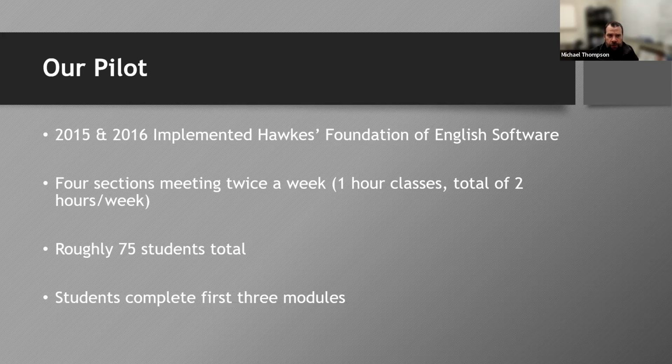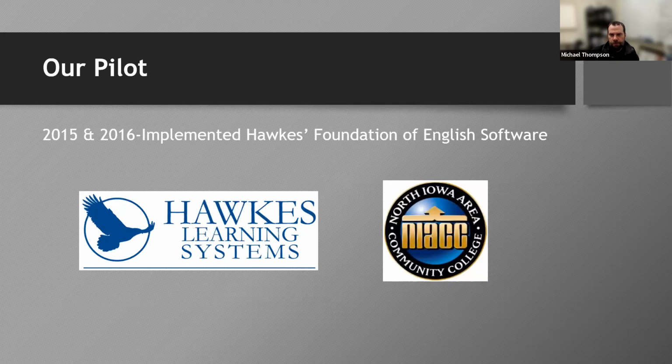We do teach a developmental writing course that we use Hawks a little bit with, but this presentation will primarily focus on our reading program. So the students completed the first 3 modules, because in Foundations, the first 3 modules or chapters focus on reading.